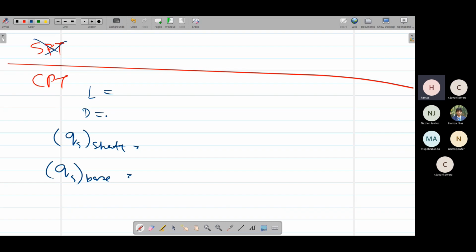This is the CPT test. So the diameter of the pile is 0.4 meters. The length of the pile is unknown. We are given the allowable load as 1650 kilonewton, the allowable load that the pile is going to carry. The QC of shaft is 4 kilogram per square centimeter and the QC of base is 120 kilogram per square centimeter.